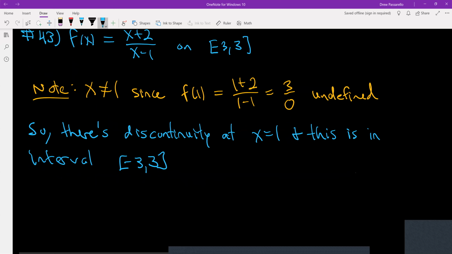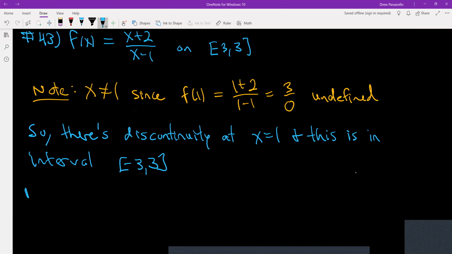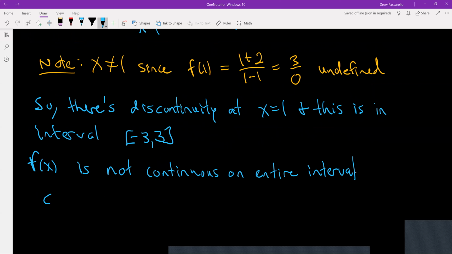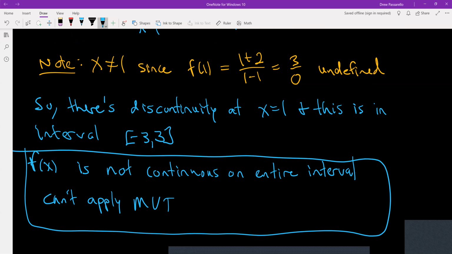Therefore, f of x is not continuous on the entire interval. So we can't apply mean value theorem. All right, and that's it for that one. All right, so this is it for section 3.2.